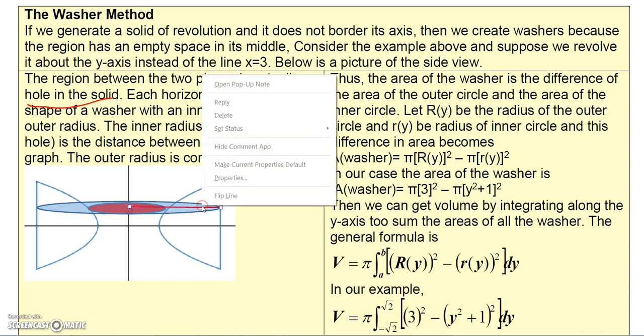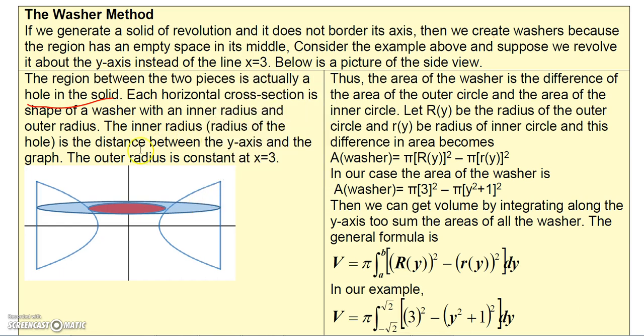Okay? And so it turns out there's a formula that we can use for the area of a washer, and let me highlight it for you. The area of the washer is the area of the large circle minus the small circle.